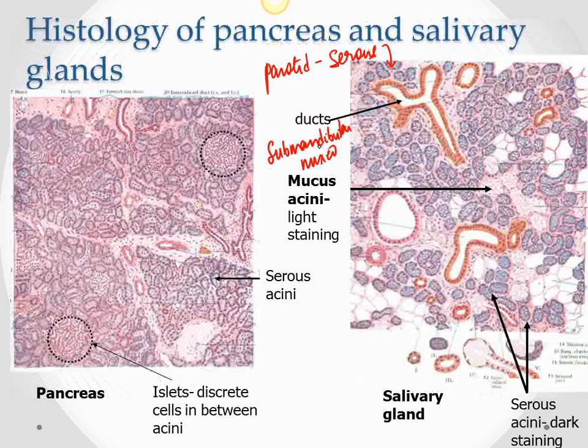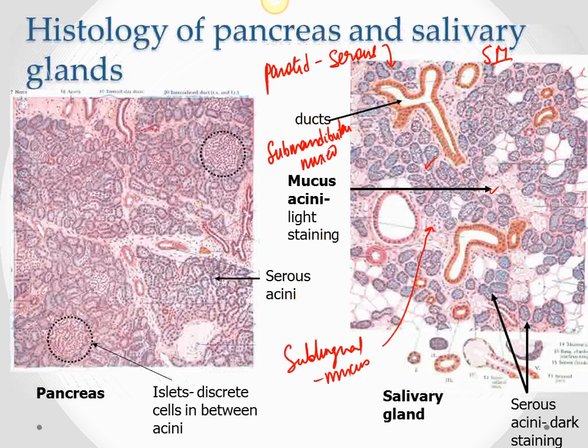That means it has both serous and mucus, and this is an example of a submandibular. It has both serous and mucus acini. The sublingual salivary gland is a purely mucus salivary gland. So it will only have acini which look like this, light staining. Okay? So that's the difference between them.